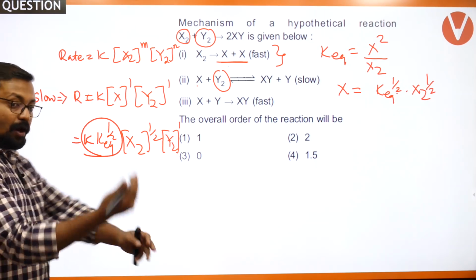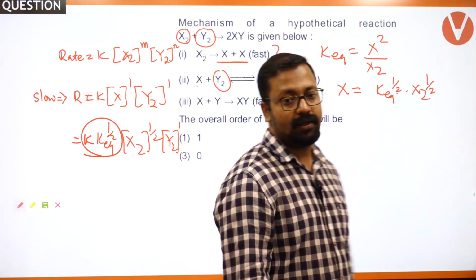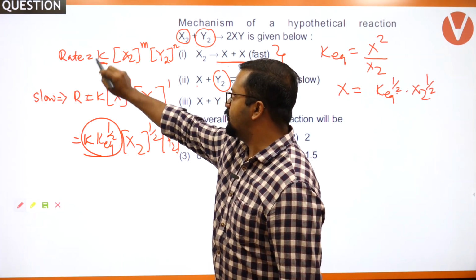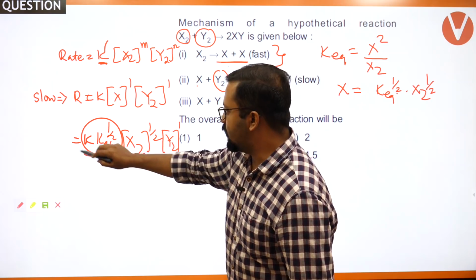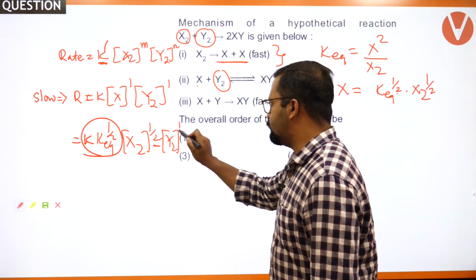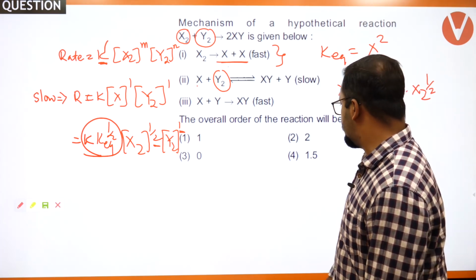These two terms will now become the new rate constant. The rate constant that ये जो हमने लिखा है, this k prime is nothing but the product of these two. If I add the sum, half plus 1, कितना हो जाएगा? 1.5.